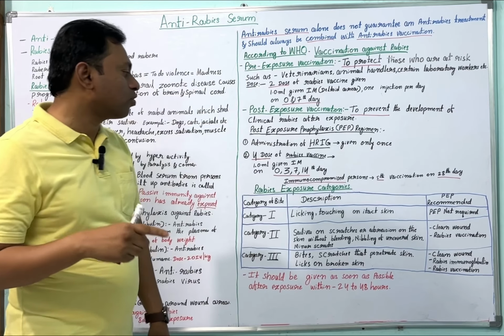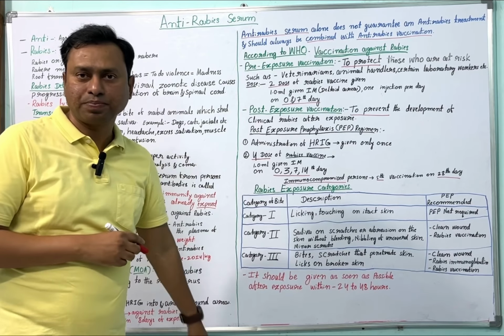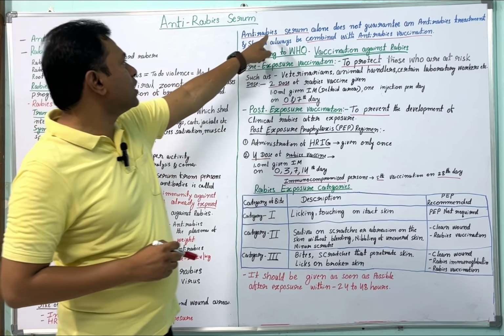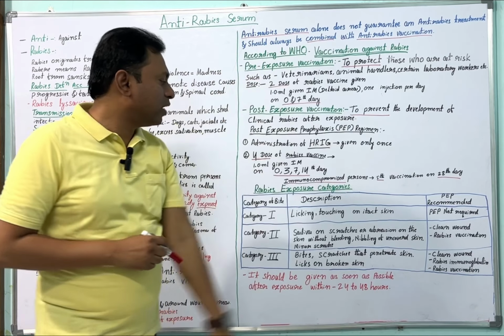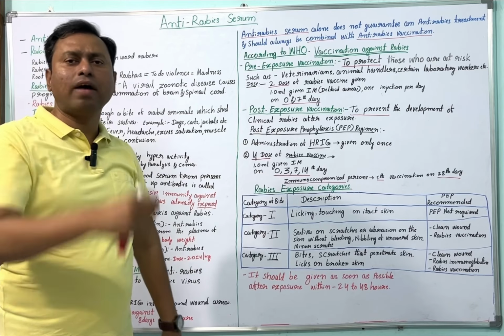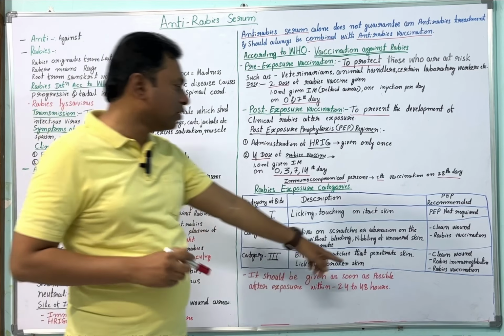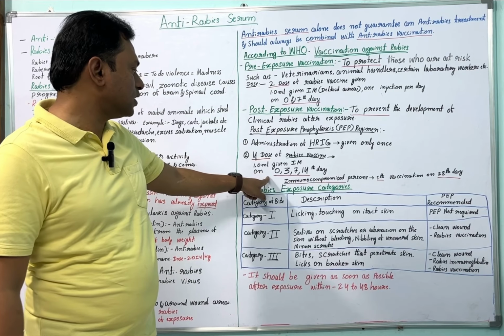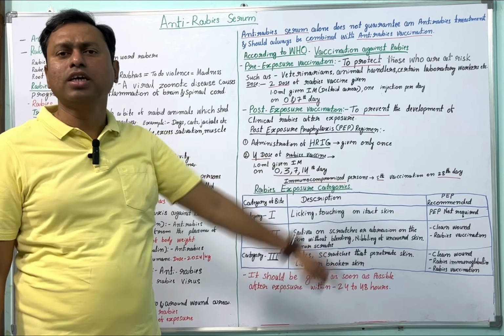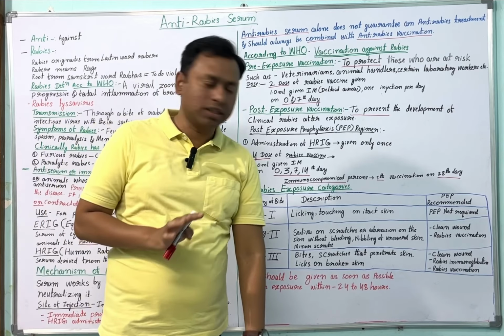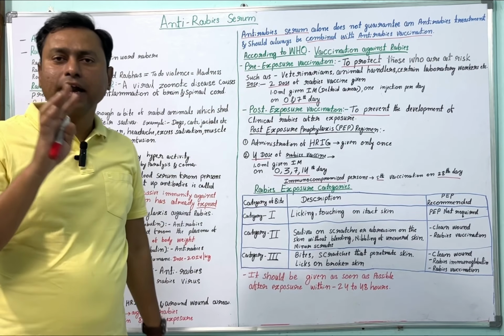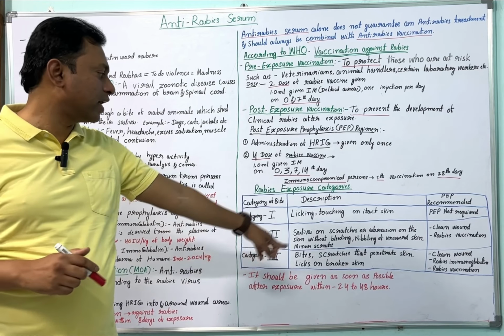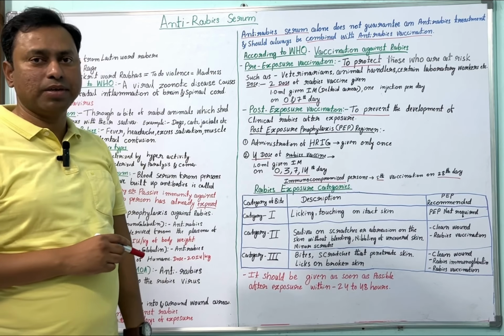After that, what you have to give is the vaccinations. Already I told you, serum alone is not recommended, that's why we have to give the rabies vaccines also, on days 0, 3, 7 and 14. This is the third category management of rabies.